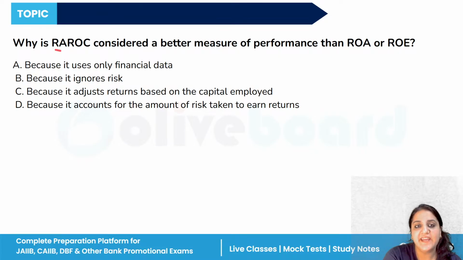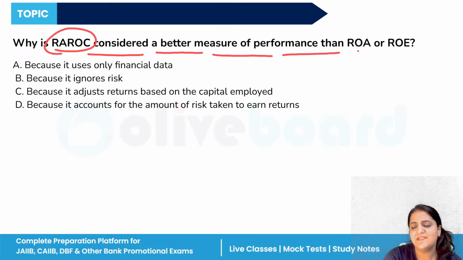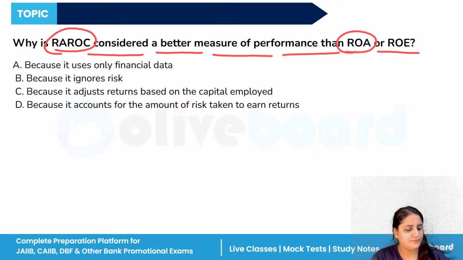Why is RAROC considered a better measure of performance than ROA and ROE? Give the answer of this.